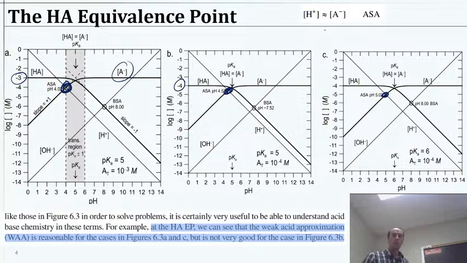In general, I'm not planning for us to think too hard about that, but I'll just read this real quick. For example, for the HA equivalence point, we can see that the weak acid approximation is reasonable for cases A and C, but not so good in this B case where the equivalence point happens pretty close to that pKa. So maybe we have to do a tiny bit more math in that case, but don't worry too much about that. We're not going to mess with that too much.